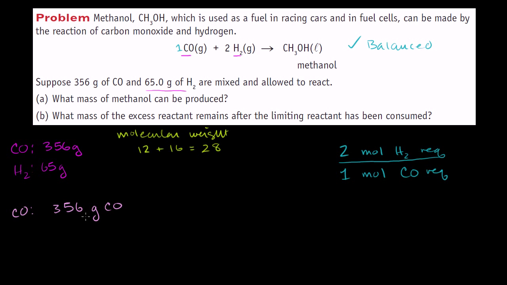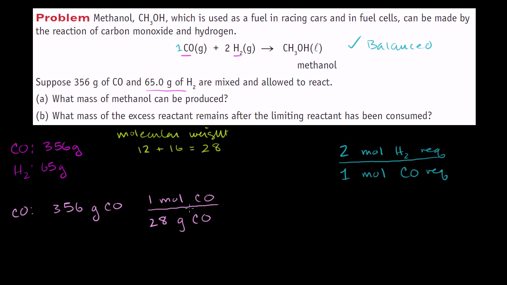And we want to write this in terms of how many moles of carbon monoxide we have. So 1 mole of carbon monoxide has how many grams? Well, its molecular weight is 28. So if we have a mole of them, that 6.022 times 10 to the 23rd molecules of carbon monoxide, that's going to weigh 28 grams.